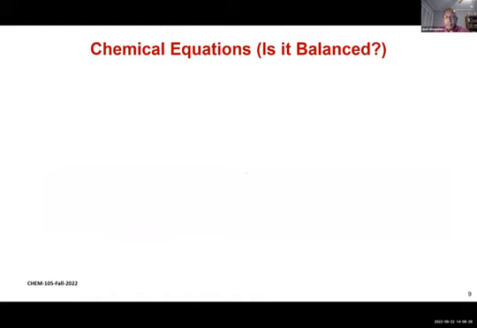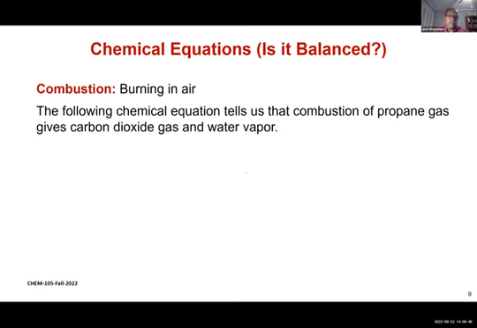Before we go into details of these types of reactions, precipitation, oxidation, and acid-base, we're going to look into the chemical equation. For example, combustion, one of the redox reactions. The following equation tells us the combustion of propane. Combustion is combining with oxygen.